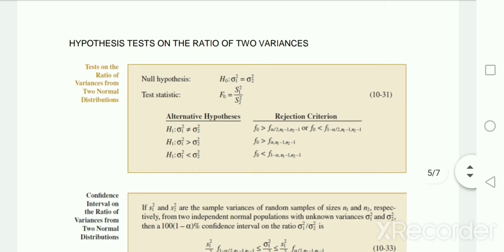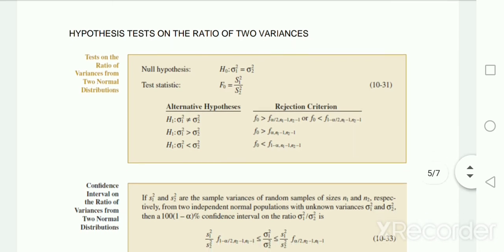So here we test the difference in the variance of the populations. They are equal is the null hypothesis. They are not equal is the alternative hypothesis. And the test statistic form is the F test. F is equal to S1 squared divided by S2 squared.